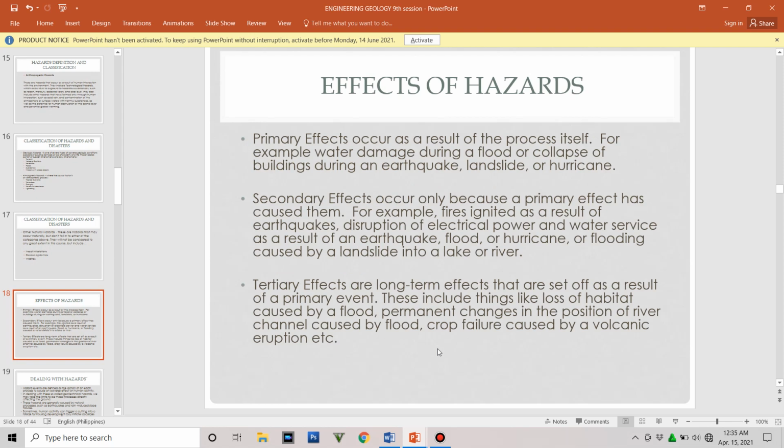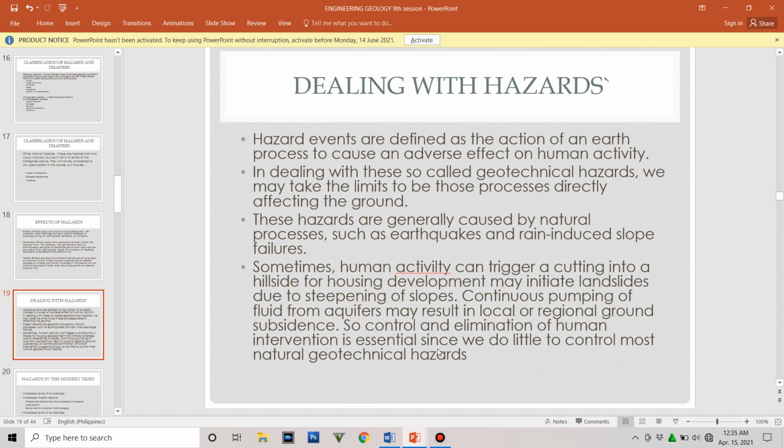And then the tertiary effects are long-term effects that are set off as a result of the primary event, and this includes things like loss of habitat caused by a flood, permanent changes in the position of a river channel caused by flood, crop failure caused by a volcanic eruption.